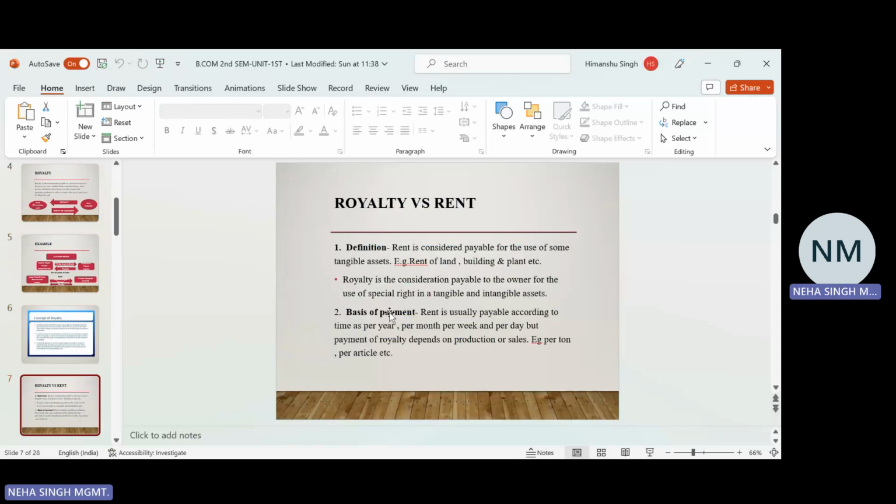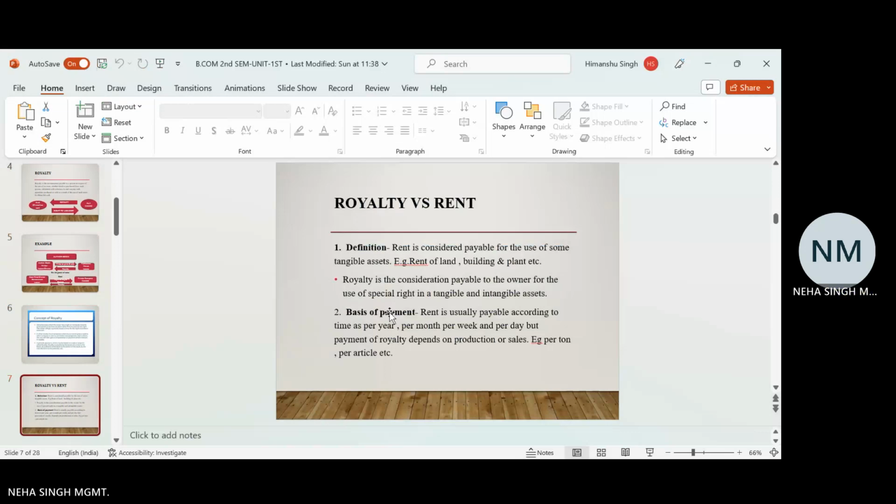Moving towards our next slide, which is royalty versus rent. Rent is considered as payable for the use of some tangible assets. Now the question arises, what are tangible assets? Tangible assets are those assets which we can see and touch, for example, rent of building, land, etc. And royalty is consideration payable to the owner for the use of special rights in tangible and intangible assets.